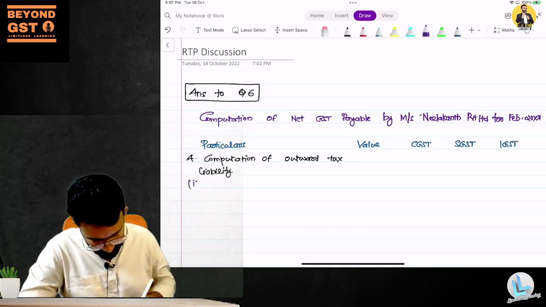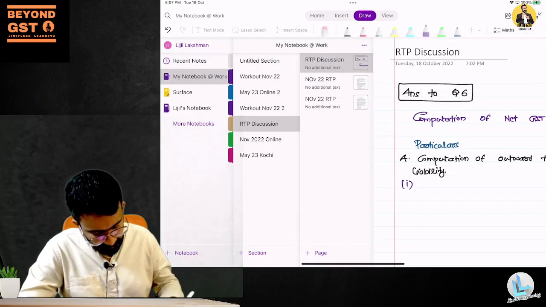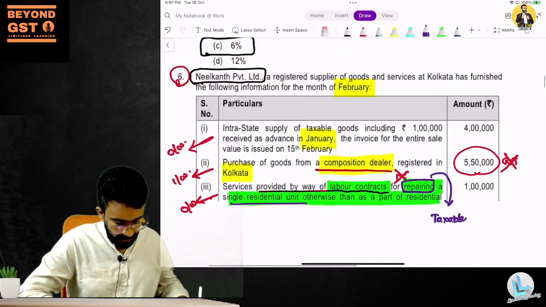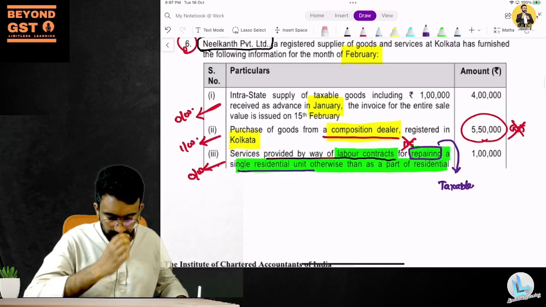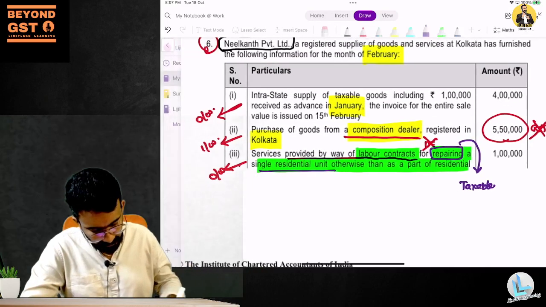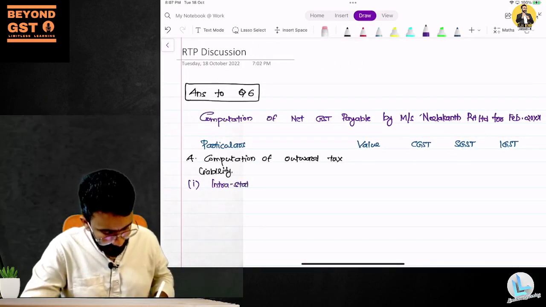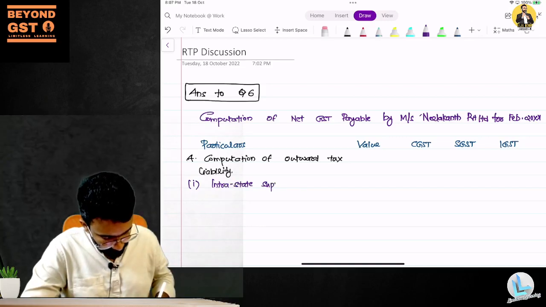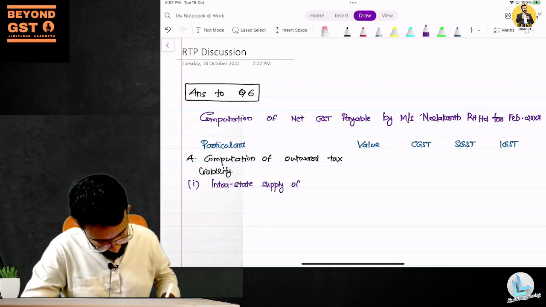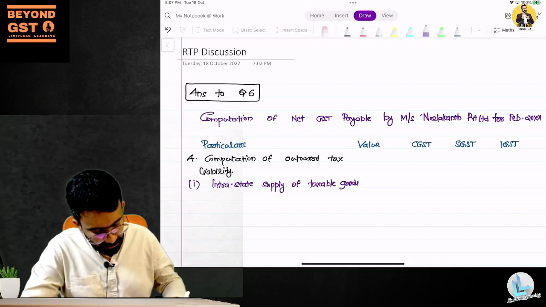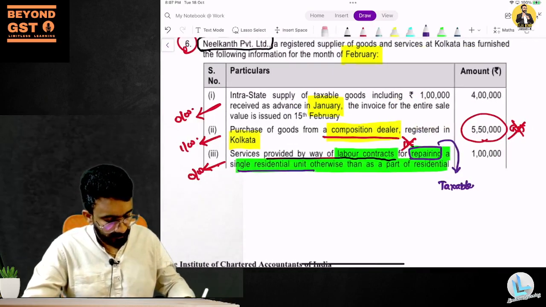First one, what is the first outward supply we have? Only go to the outward supplies. Intrastate supply of taxable goods. How much is the value we should take?